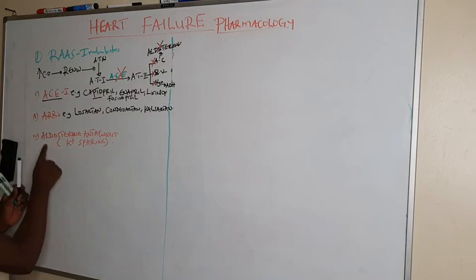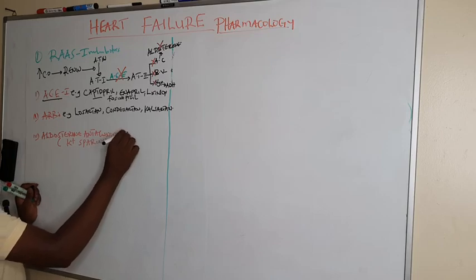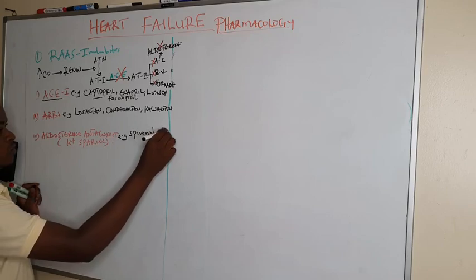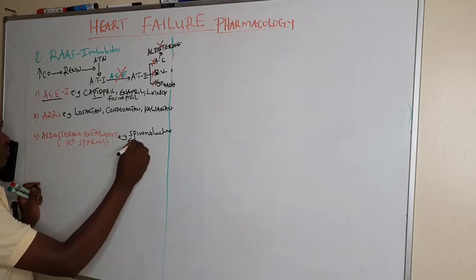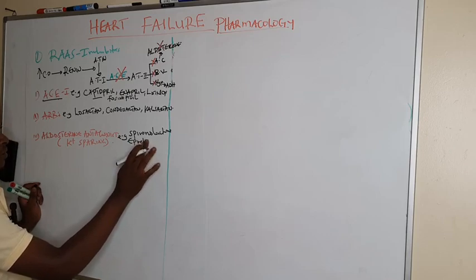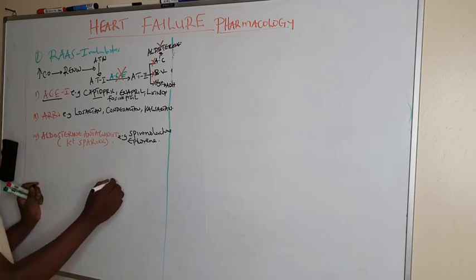Then aldosterone antagonists or potassium sparing drugs. An example here is spironolactone. Then we have also eplerenone, which is another drug we can use.